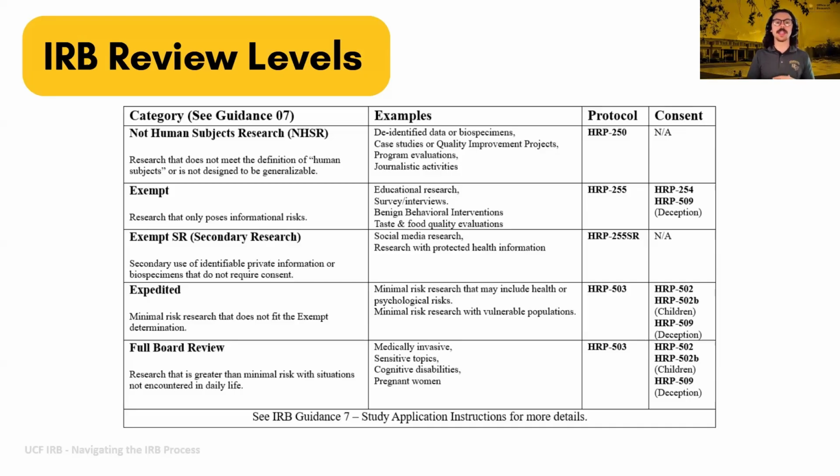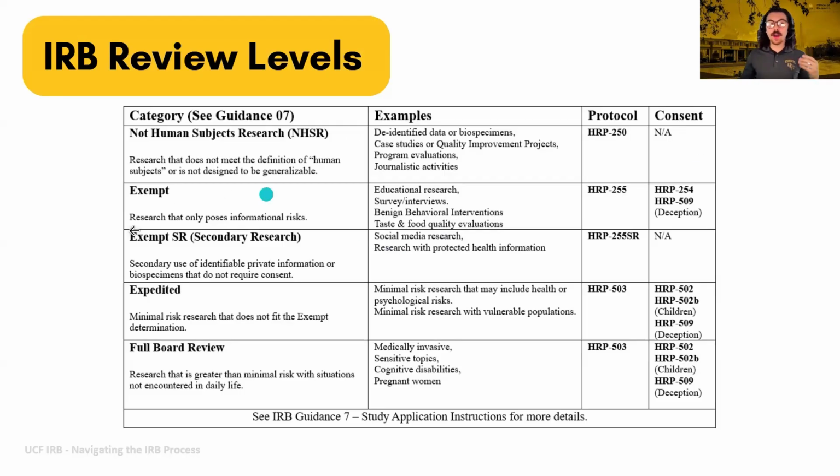Is the researcher intending to produce a systematic study that ends with generalizable information that can be applied to their field? If not, and you're just doing a case study, it's still valuable, it still provides information. Or you're doing a program evaluation where you're saying, there's this existing program that I'm part of at UCF, and I want to do some research on the participants of this program to see how we can improve it. If that's your goal, you could justify not human subjects research.